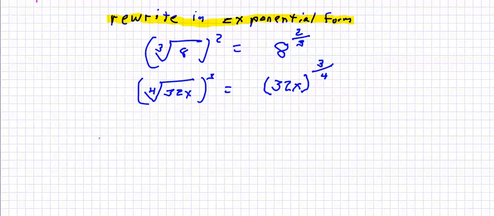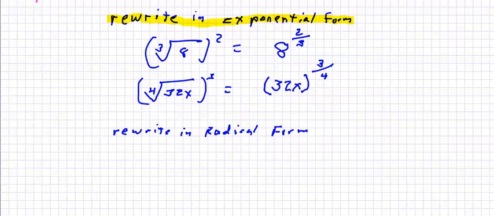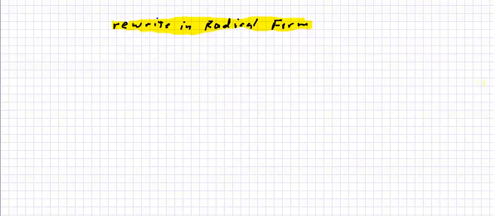Now what we want to do is rewrite in radical form. There are 3 things I'm going to ask you to do, and this is the second one, rewrite in radical form.